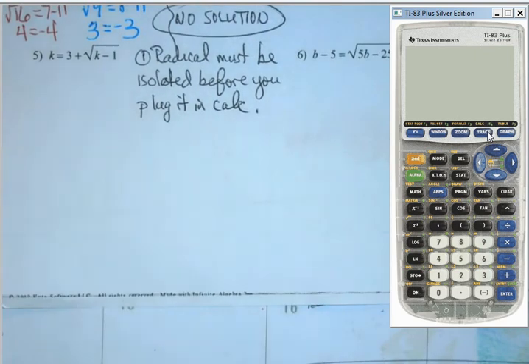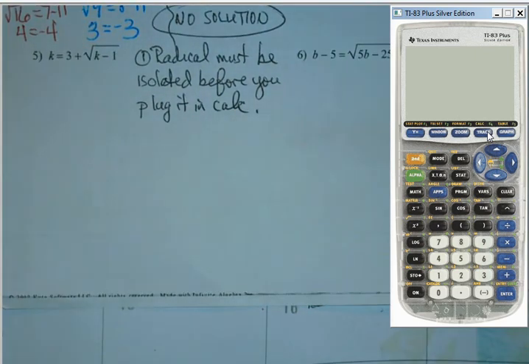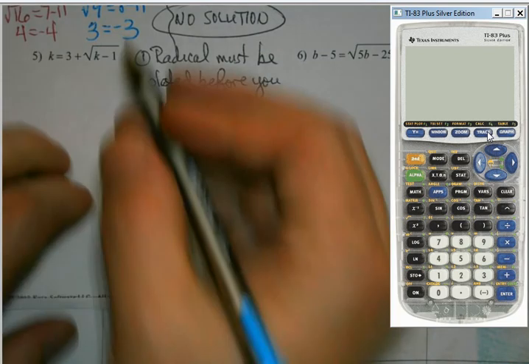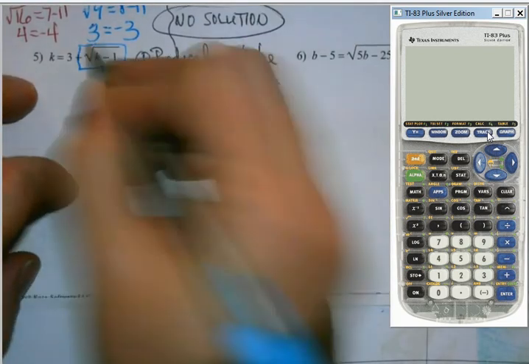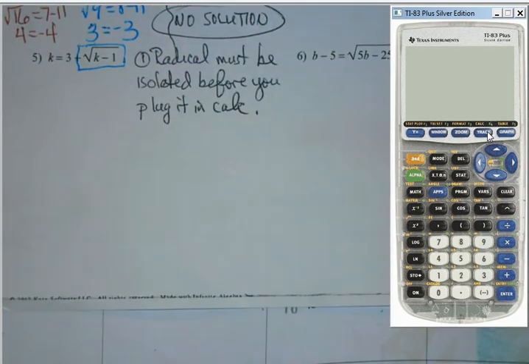What do I mean? Well, like in this one, for instance, I've got k equals 3 plus the square root of k minus 1. This square root of k minus 1 has to be on a side by itself, or this doesn't work. Well, it doesn't work as well. Let me just put it that way. You still can work your way around it, but there's a reason for that.